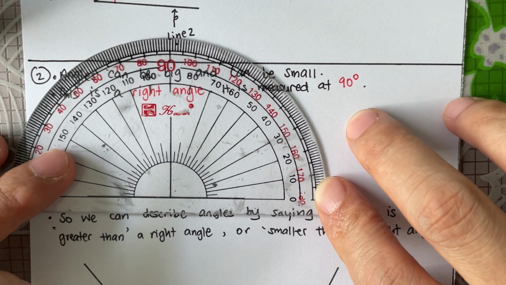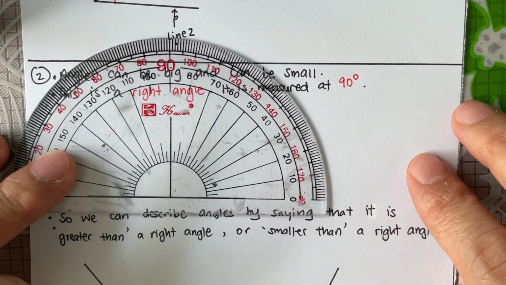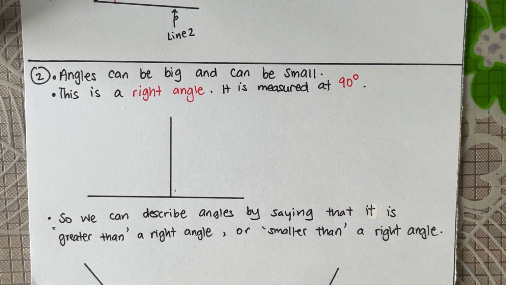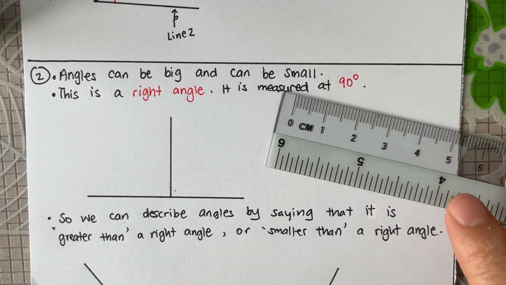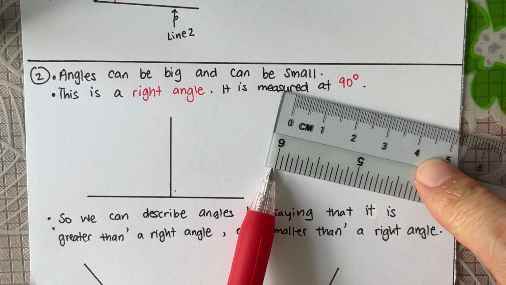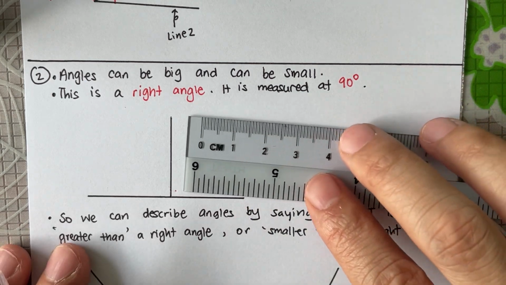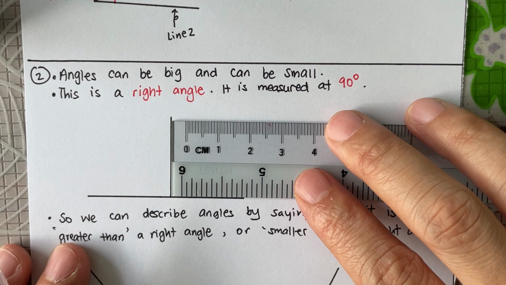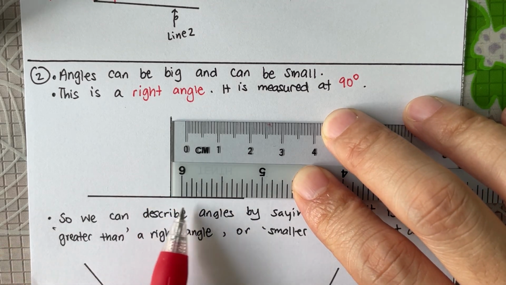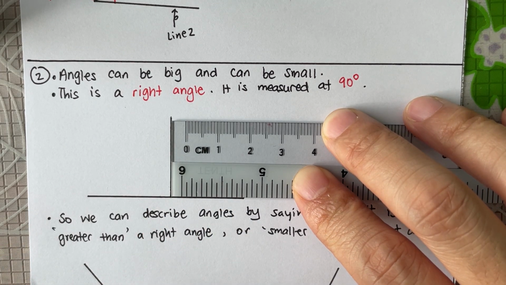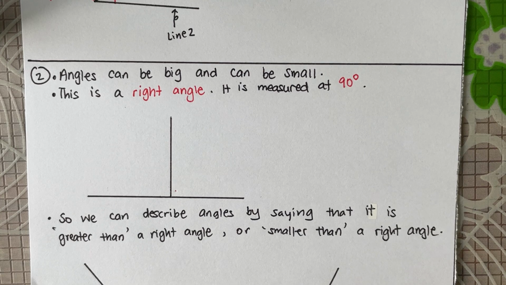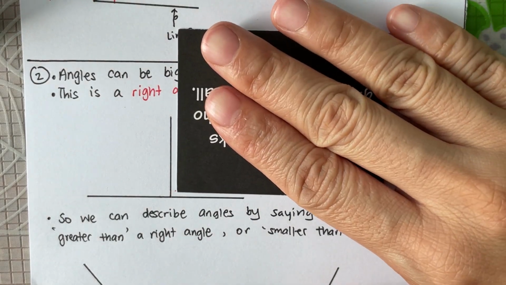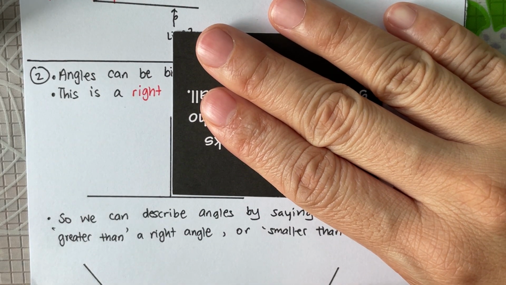I know in primary 3 you probably did not use the protractor. Another way of showing that something is 90 degrees is to take, for example, the corner of a ruler, you place it over here. Yeah, if the two lines match the two ends of the ruler here, yes, it's 90 degrees. You could do that using a card as well. For example, a card here, okay, yes.